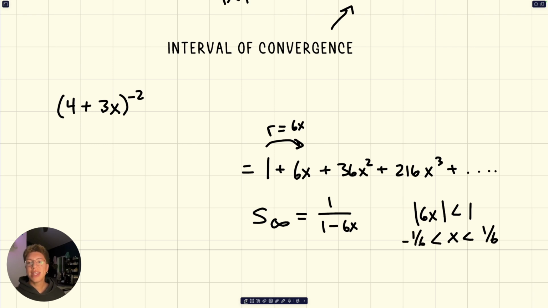And that gives us an idea of how our interval of convergence will change if we have something like this. As long as we can get this expression into a form that looks like this, it'll show us what our interval of convergence will be. So what we do is we factor out a 4 from both of these terms. And let's get this little example out of the way.